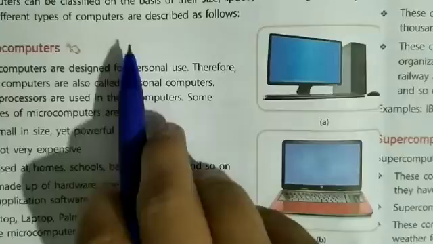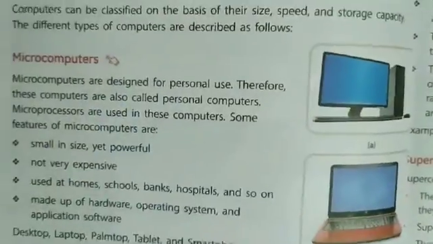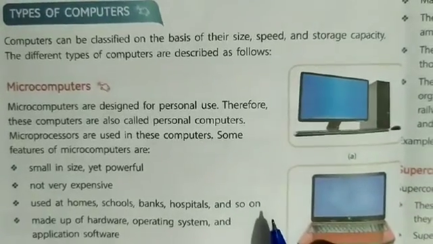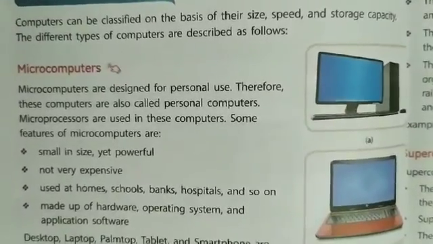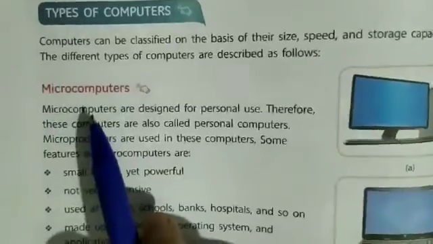Different types of computers are as follows. Computers are divided according to their size, their speed, their storage capacity, and now today we will discuss different types of computer. First one is microcomputer.